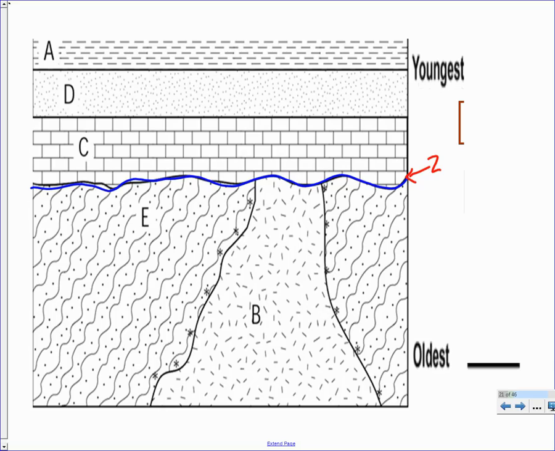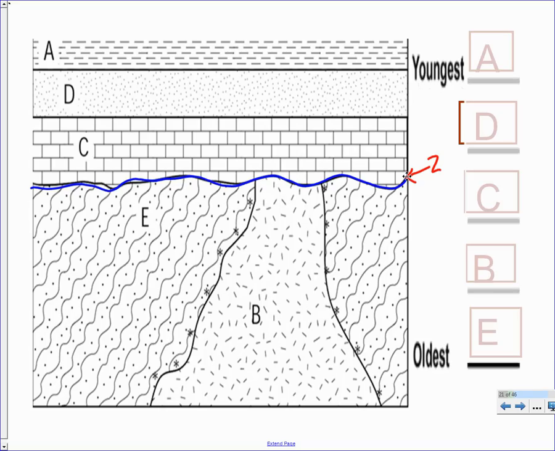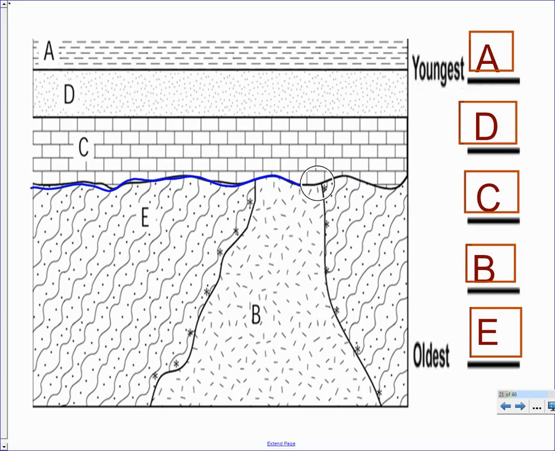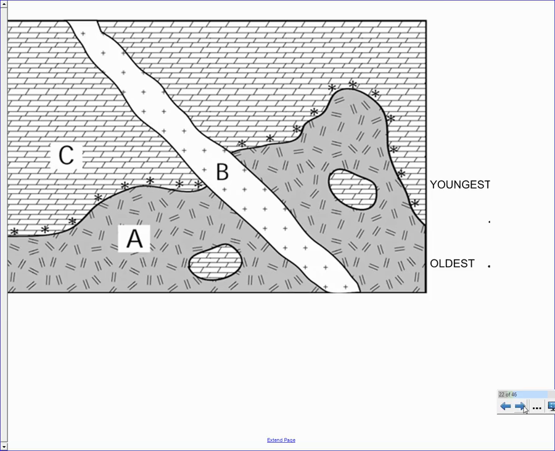E, B, Z, then C, D, A. That means E and B are affected by the unconformity, so they had to be there, okay? This one here, because remember it was molten lava, so it was a liquid. E, B, C, D, A. I added this Z on here after the fact. Okay? What about this one?